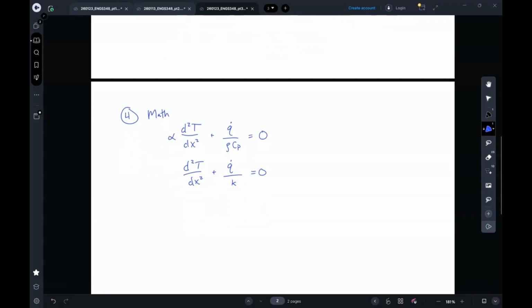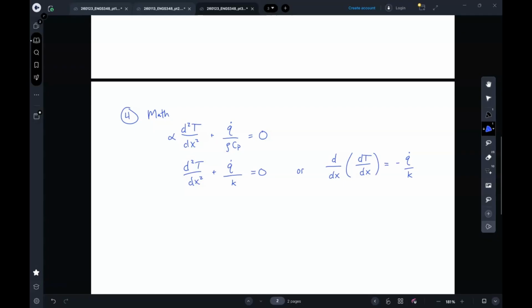Now we can think of this as d/dx of dT/dx, that's kind of a helpful way to think about it, equals minus q dot over k.